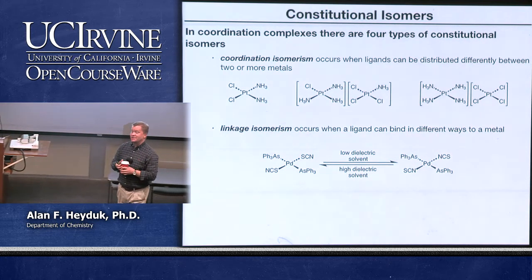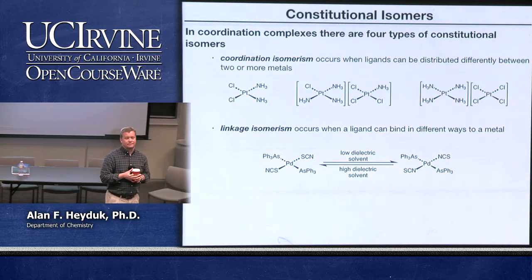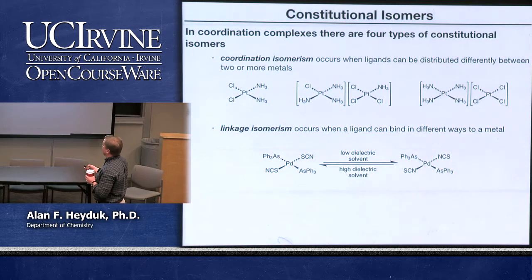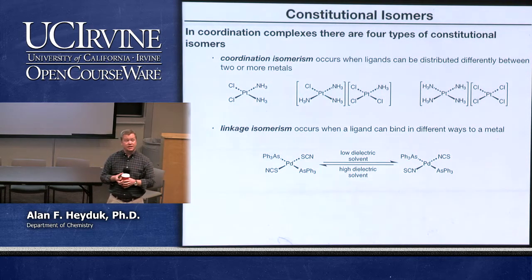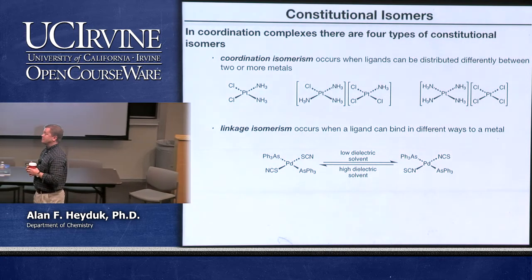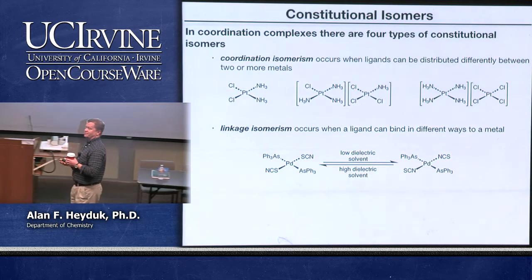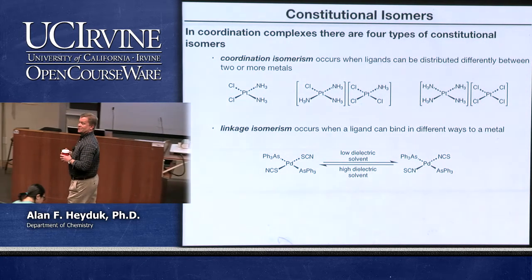Really, really good question. So if you look at that thiocyanate ligand, when it's bound to palladium through the sulfur, we know that sulfur is a really soft ligand. Palladium is a fairly soft metal. Nitrogen, on the other hand, is a hard donor. Okay, so it has everything to do with hard, soft, acid, base.